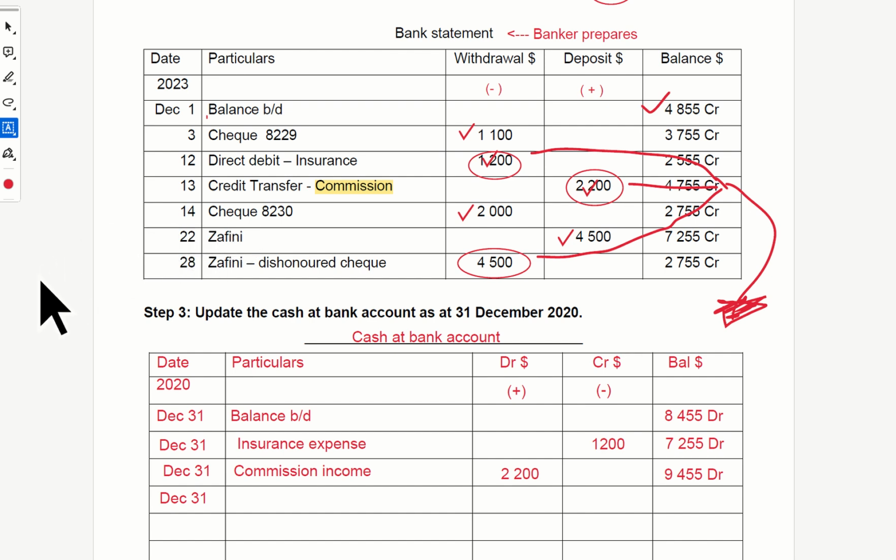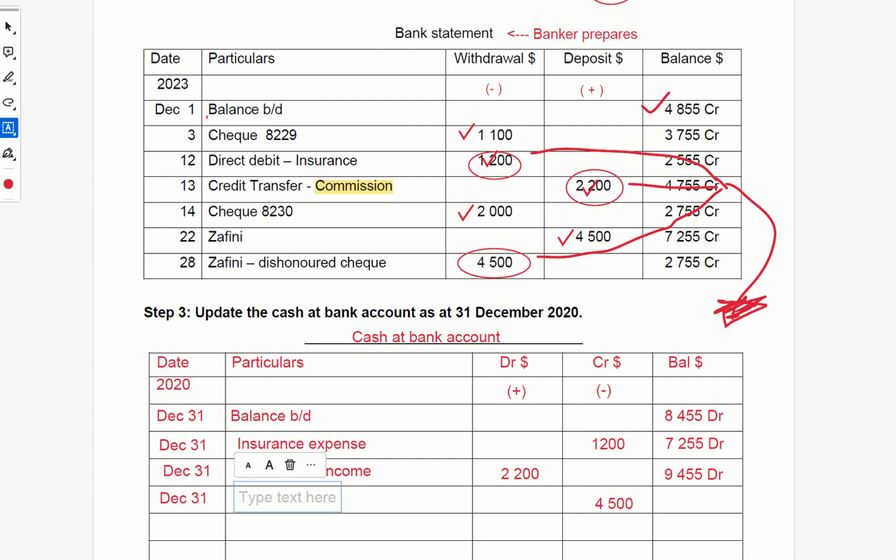Next, I have one last item. There is a dishonored check. A dishonored check shows as a minus in the bank statement, so the cash at bank account should also show it as a minus: minus 4,500. What is the other account that should be recorded? Can I just write dishonored check? No, you cannot write dishonored check in the particulars column. It's not an account name.